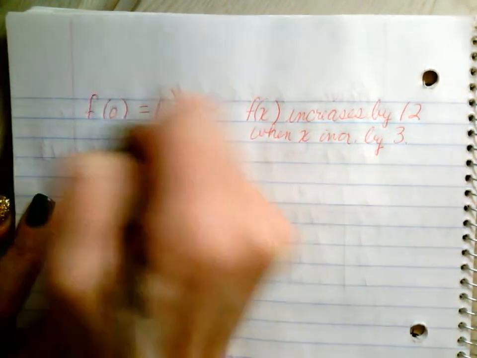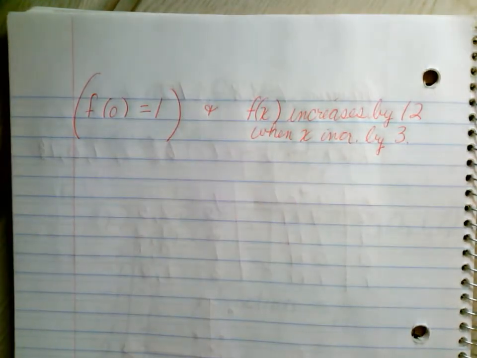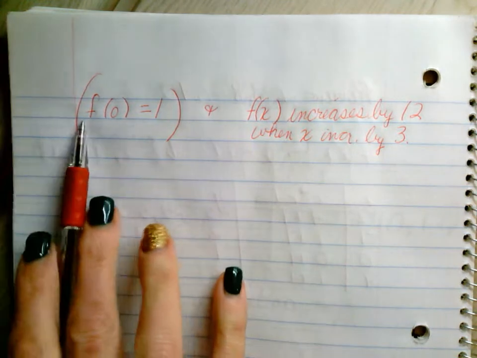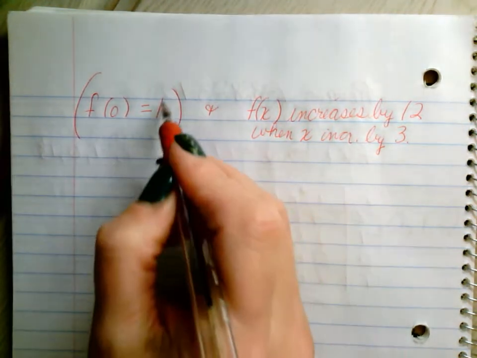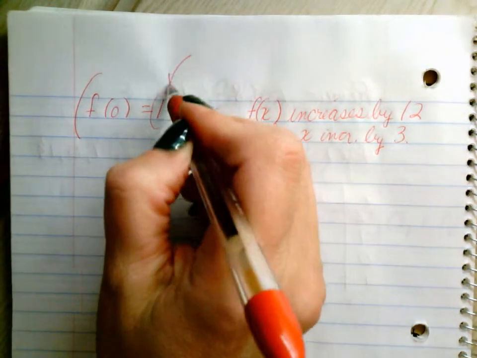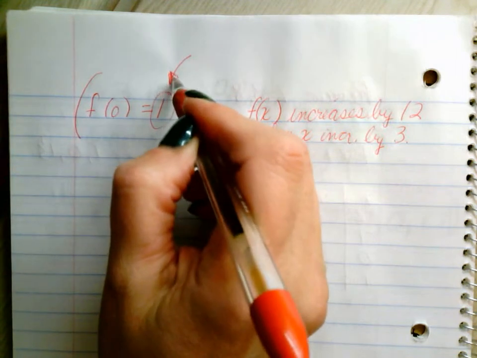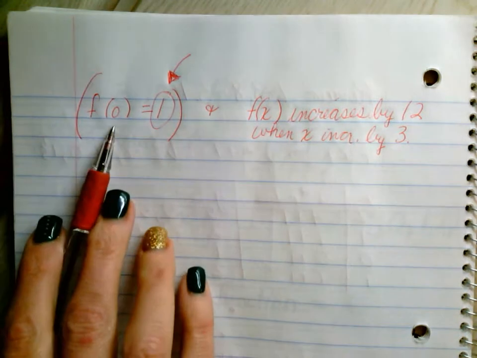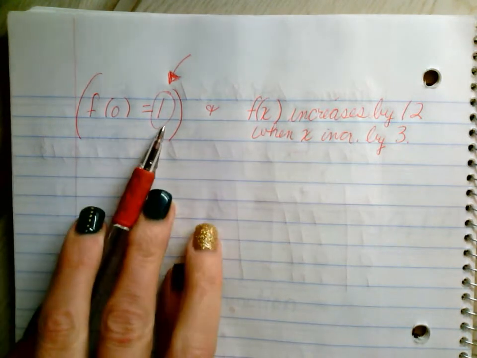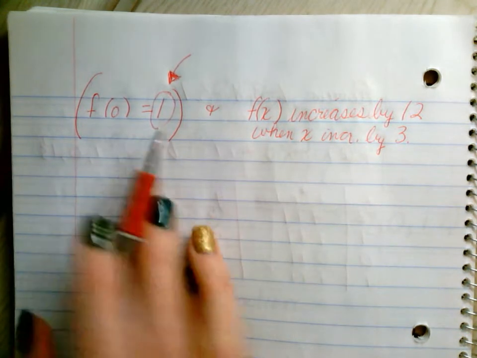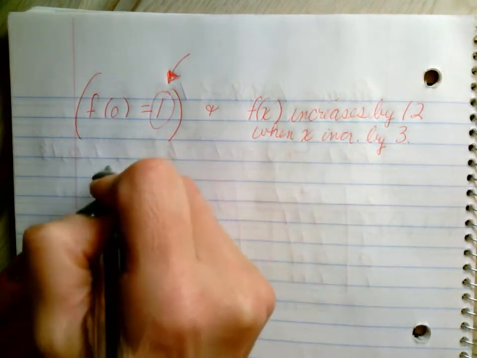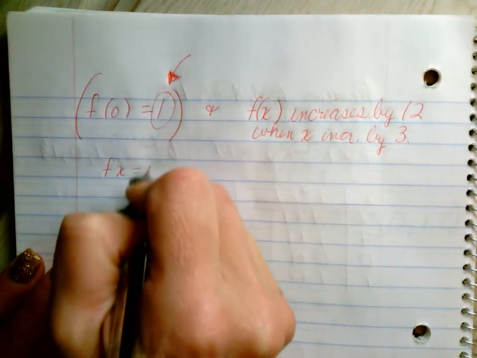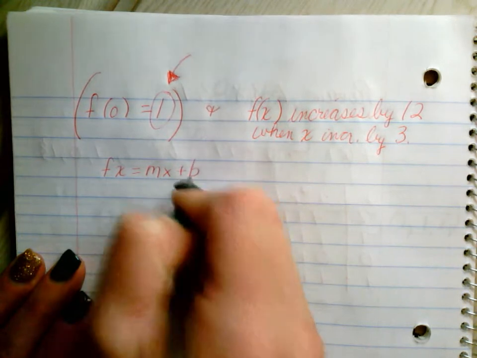Okay? First, let's get a handle on what that is. If I tell you f of 0 equals 1, does 1 give me any huge piece of information? Do you guys remember? Y-intercept. If your x value is 0, then that means this is your y-intercept. So I'm going to start plugging in my equation. F of x equals mx plus b.